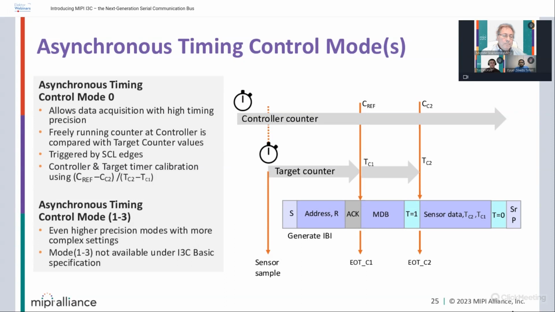With the asynchronous mode 0, we have sub-microsecond precision. We also have more sophisticated modes, which are maybe too complex to present here, where you can go all the way down to below 100 nanoseconds. I think this opens the door to really innovative, high-performing applications.